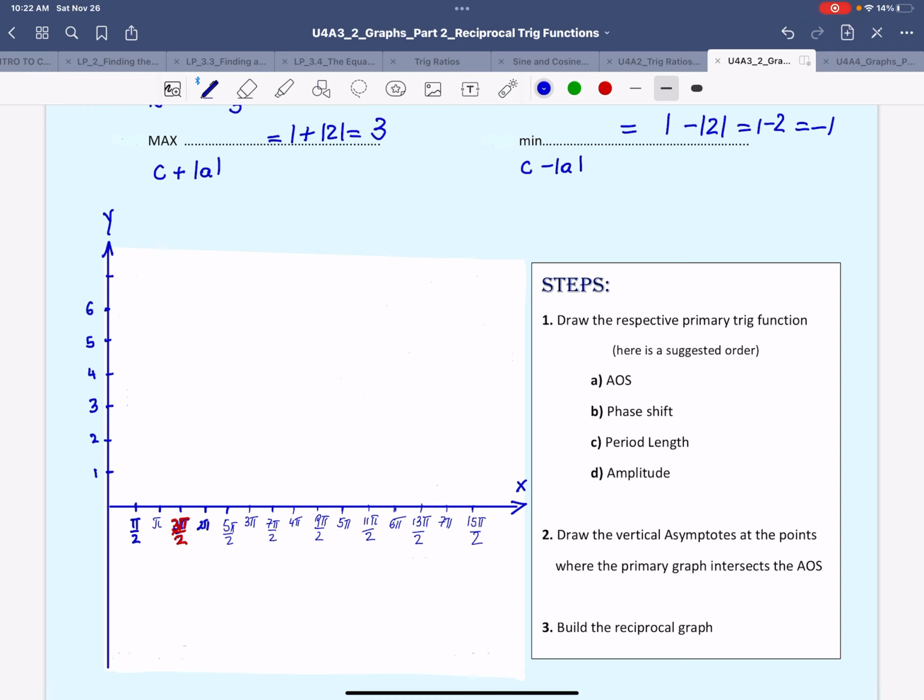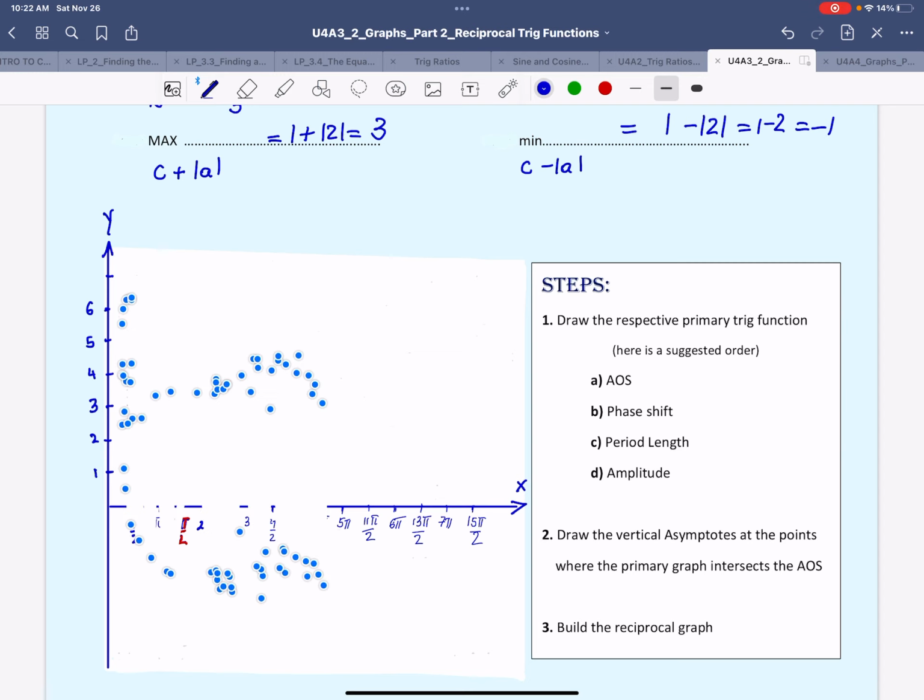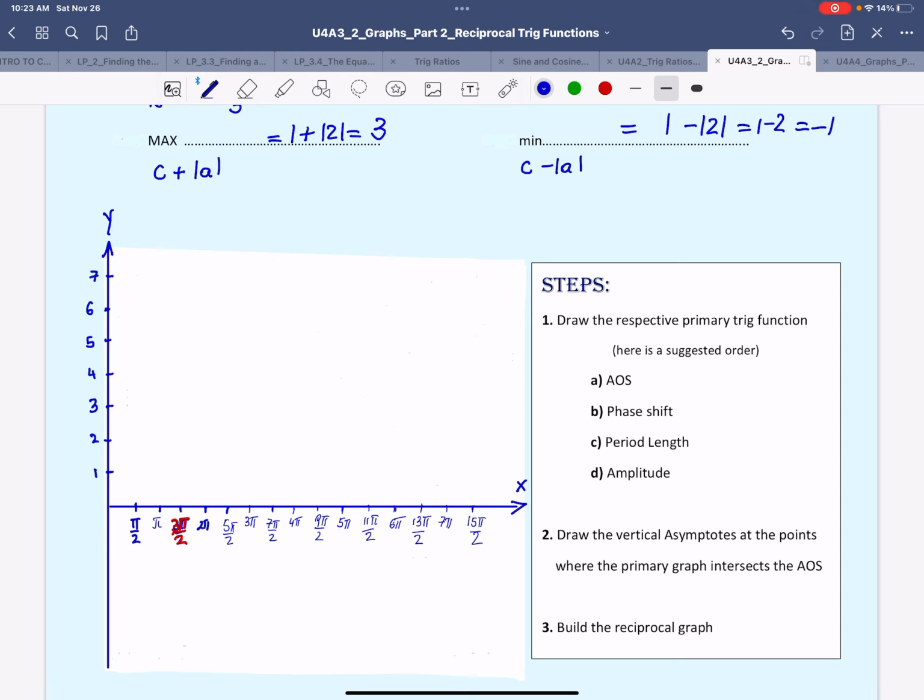And we know that the reciprocals will go above the primary here. So sorry, I'm going a little slow here, but -2 and -3 and -4, and I think we have enough room here, and -5.